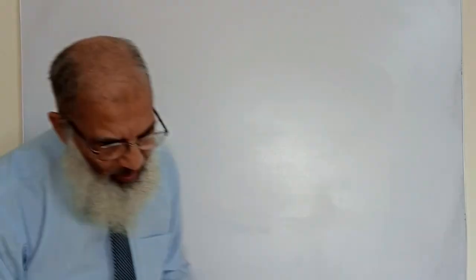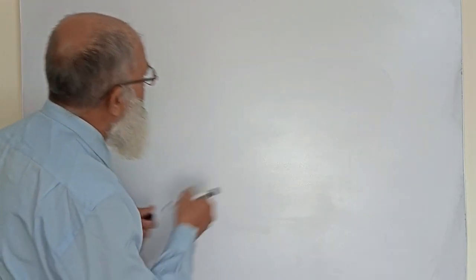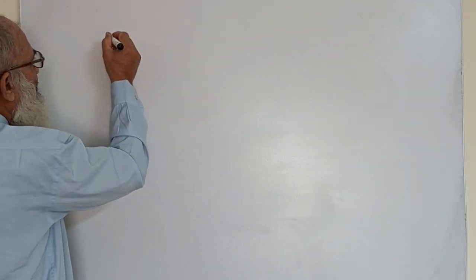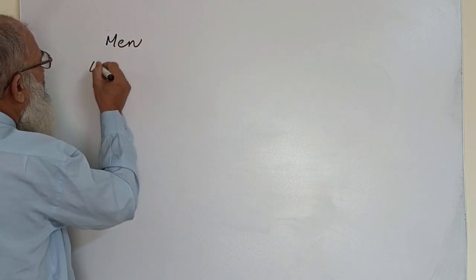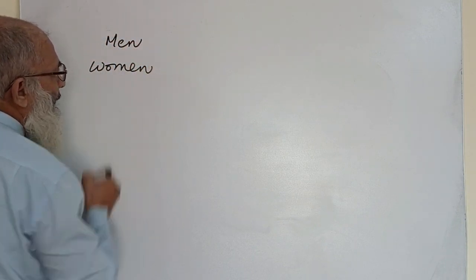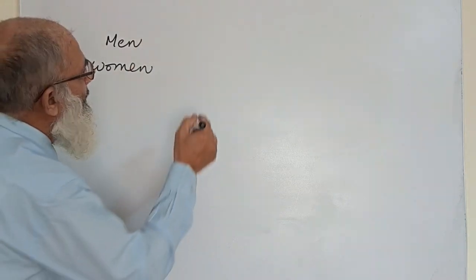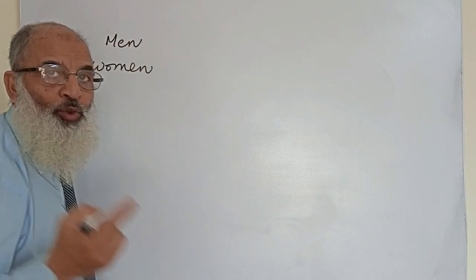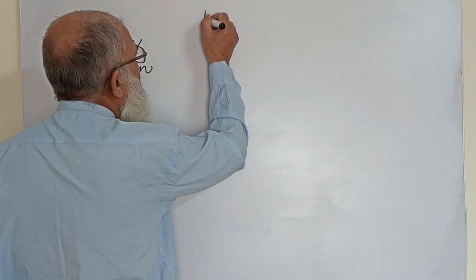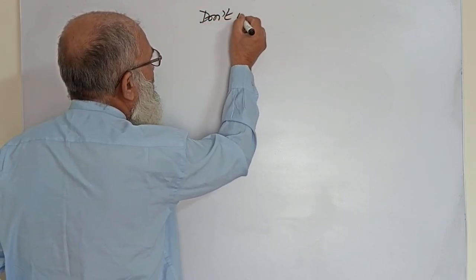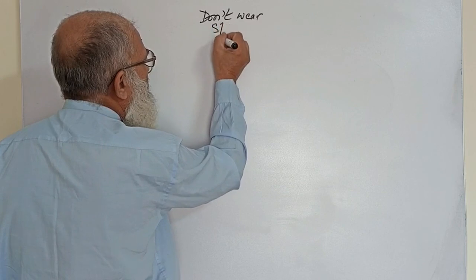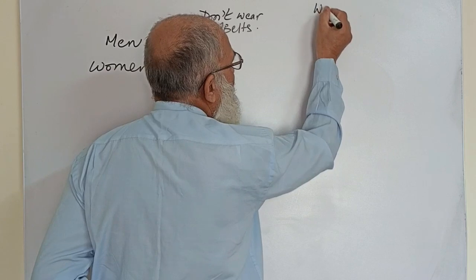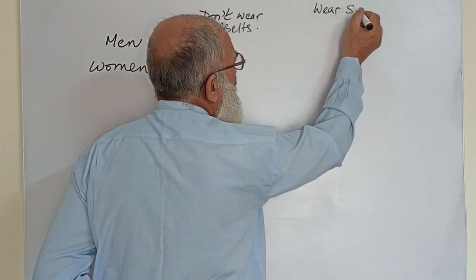It is very simple. Suppose we are collecting the data for men and women, and among these men and women, we are going to categorize them into those who don't wear safety belts and also those who wear safety belts.